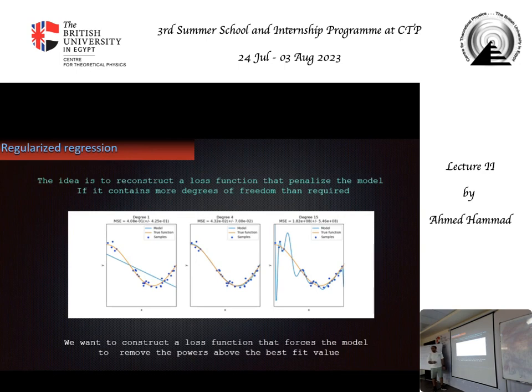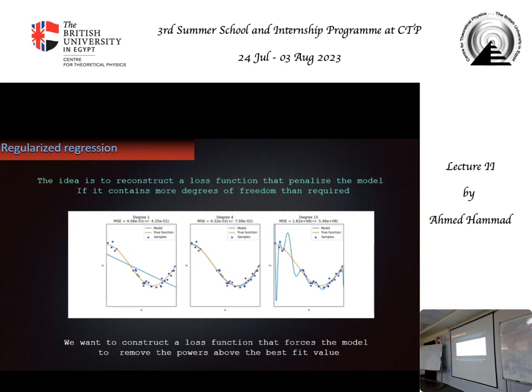Adding more degrees of freedom, the model is able to fit the data, like a polynomial of degree 5. Adding more degrees to the polynomial, it starts to fluctuate and fits every point in the data, and we don't need that, right?